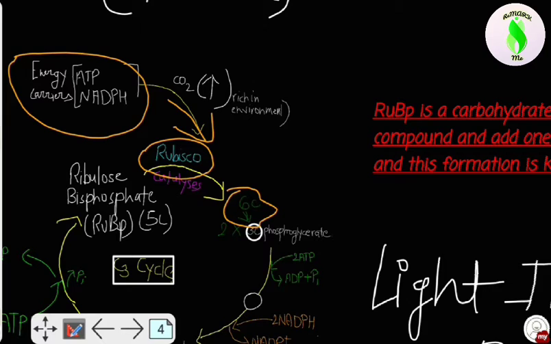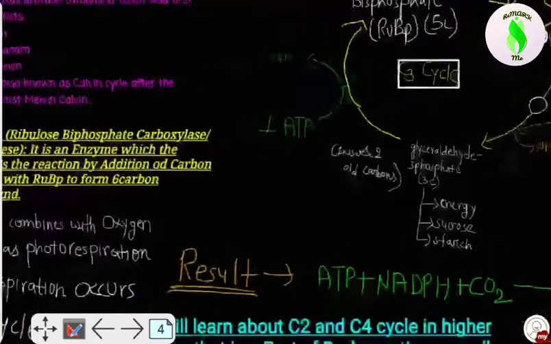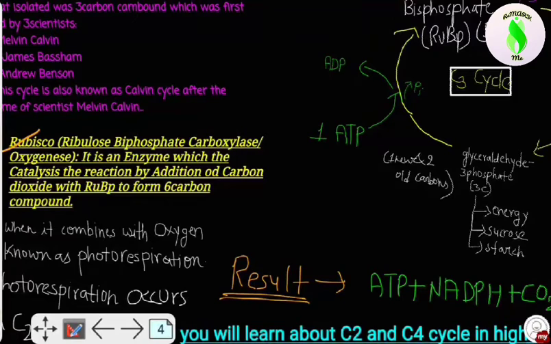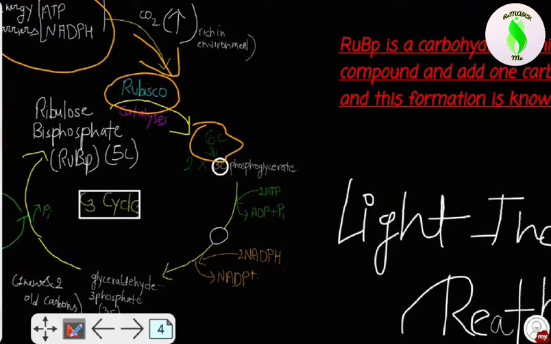It is present in abundant amounts in nature. It can add oxygen and it can add carbon dioxide. That's why it is known as ribulose bisphosphate carboxylase oxygenase. It also adds carbon dioxide, and it also adds oxygen. It catalyzes the reaction to form a 6 carbon compound.